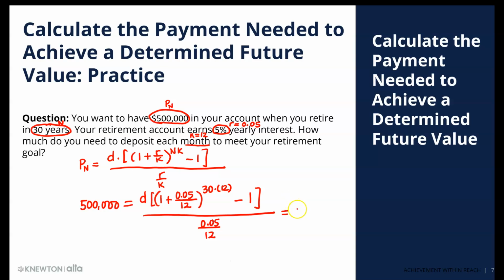Now, based on our calculations, we have D times 832.25. Let's just use 4 decimal places, 86. And then to compute this, we have the equation 500,000 is equal to D times 832.2586.